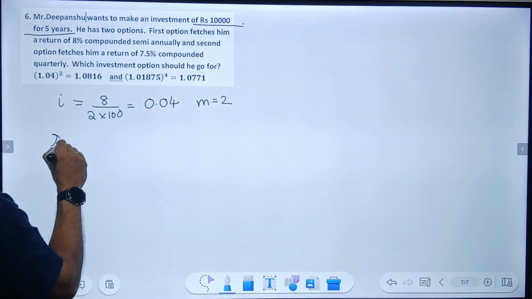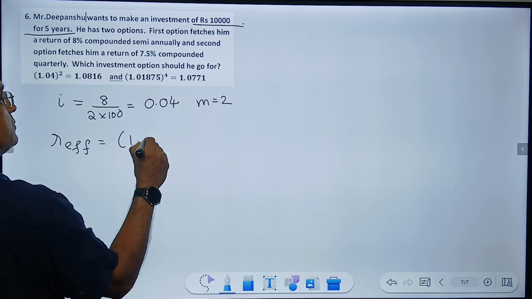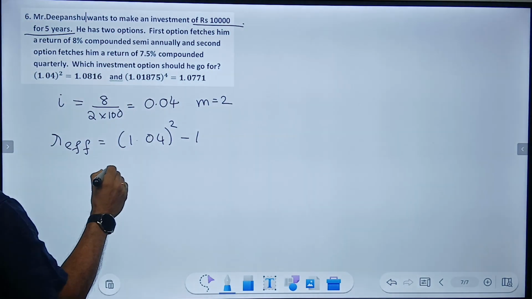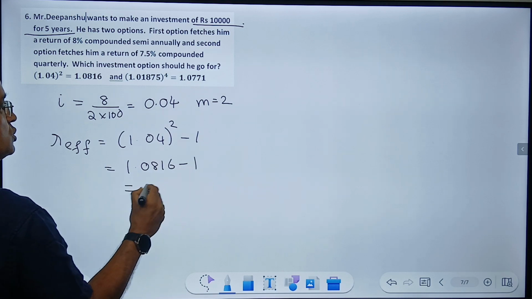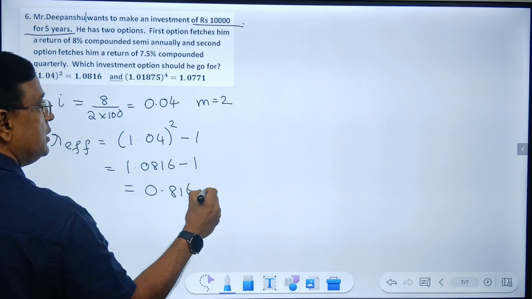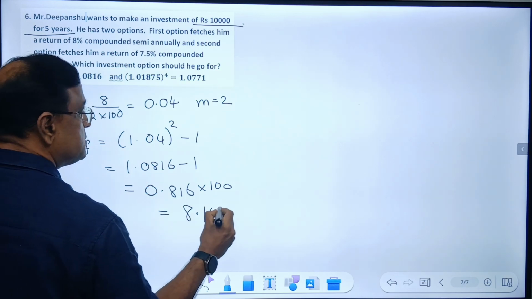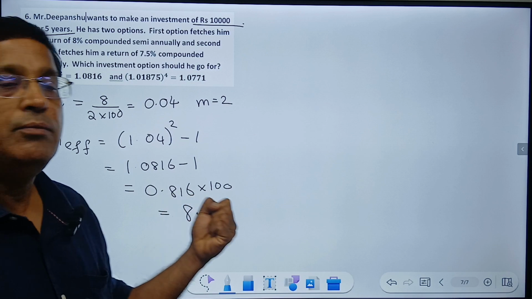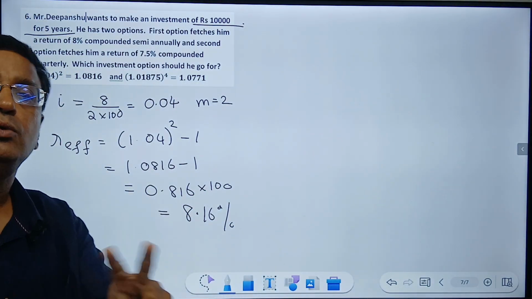So R effective is 1.04 the whole square minus 1. The value is known to be 1.0816 minus 1, which is 0.0816 into 100, which is effectively 8.16%. You see, my 8% gives me an effect of 8.16% if I pay 2 times a year.